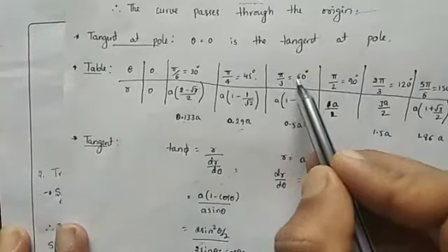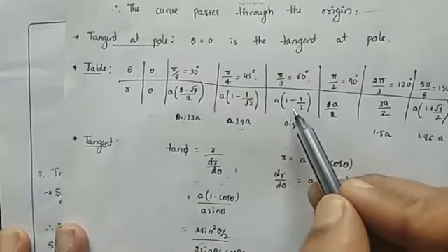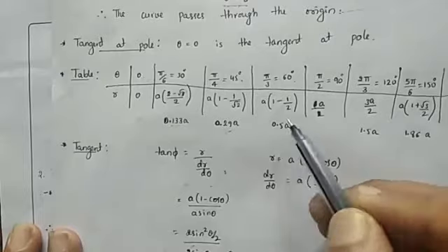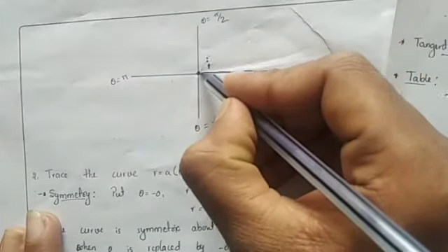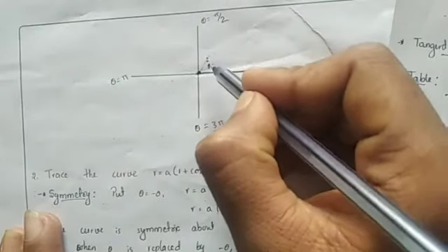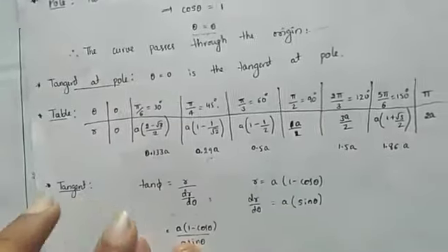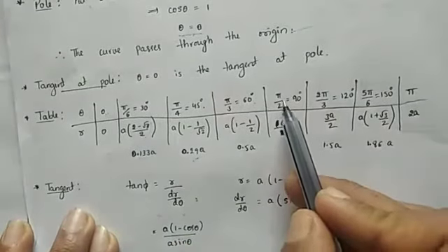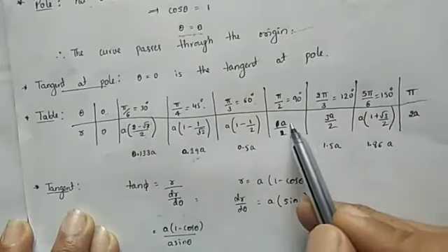Okay. For the theta value 60 degrees, we get the value of r is a into 1 minus 1 by 2. It's nothing but 0.5a. This line is 60 degrees. In this case, we see the value of r is 0.5a. Okay. The next one is pi by 2. For the theta value pi by 2, we get the r value is a.